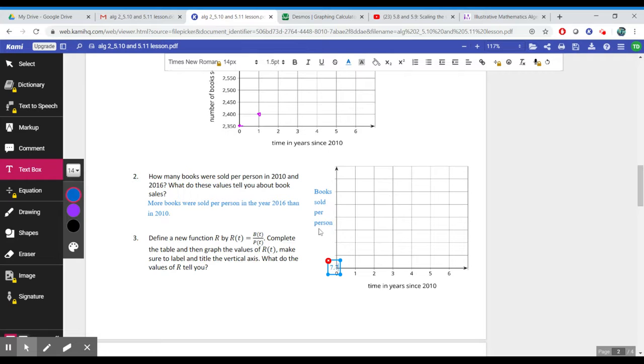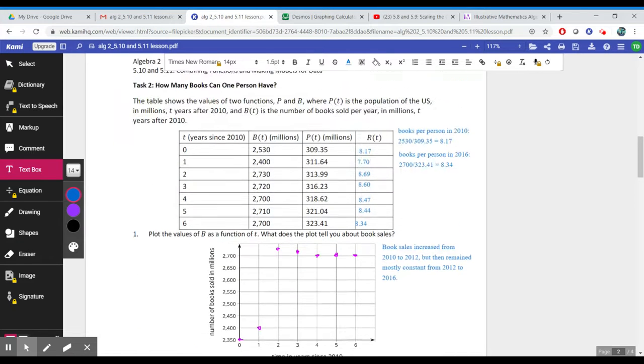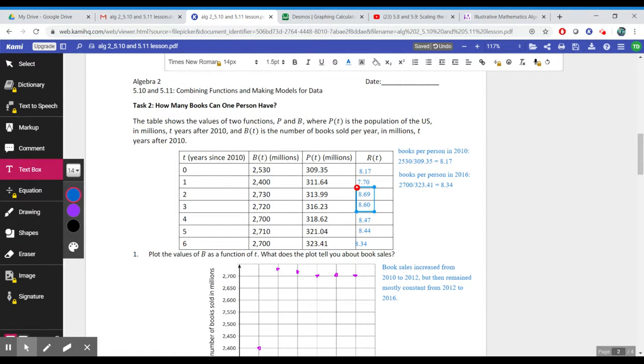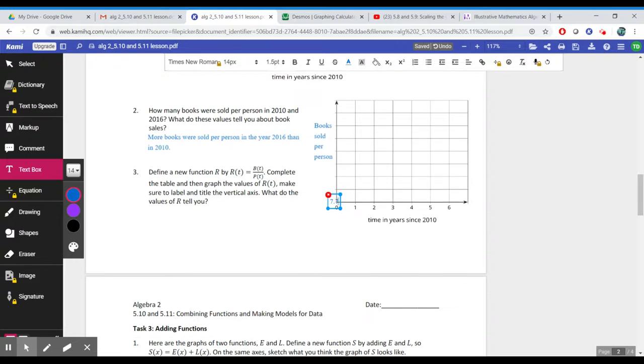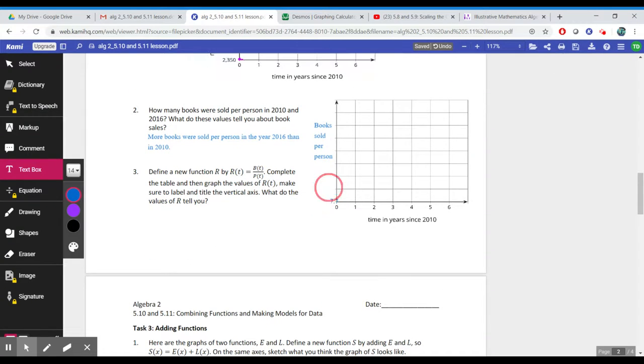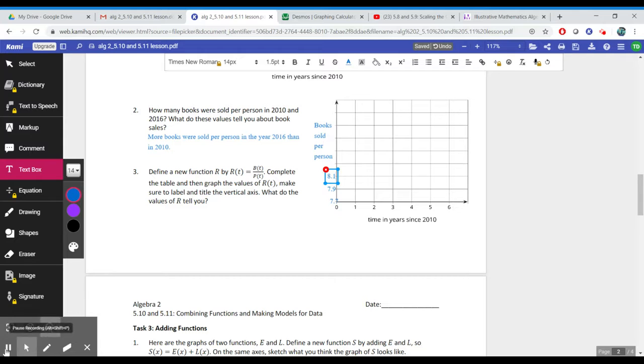And then I'm going to try and increase slowly but surely to get to my highest value, which is about 8.7 here. So we'll do 7.9 for the next one, 8.1, and so on until I've fully labeled this axis. So I'll be back once that's all the way labeled.